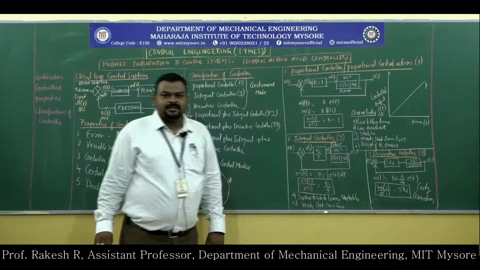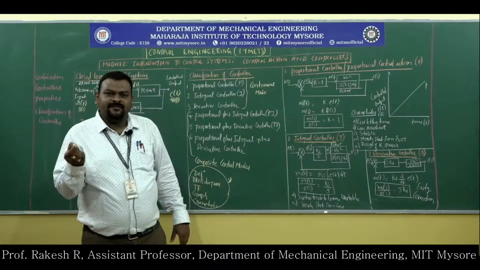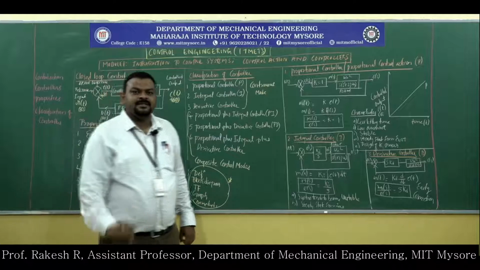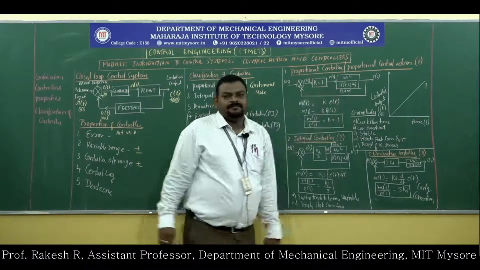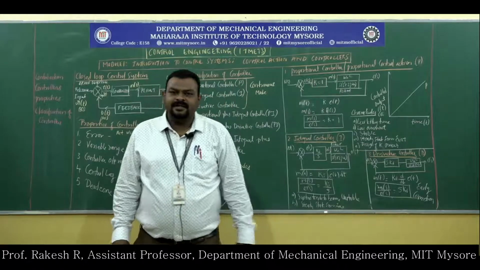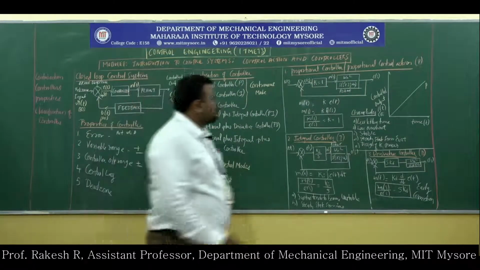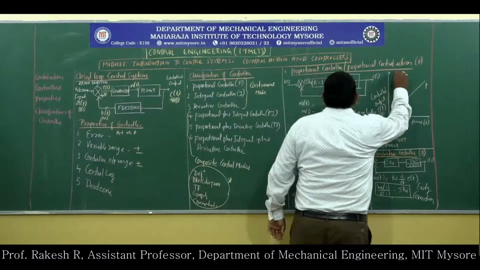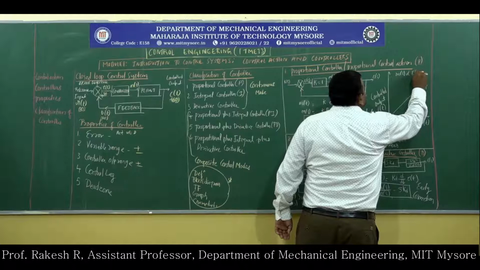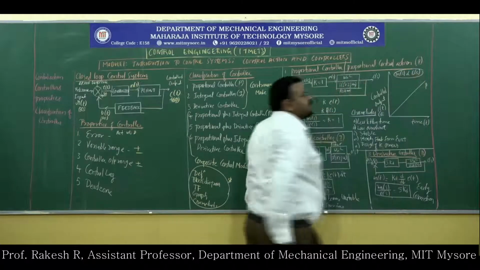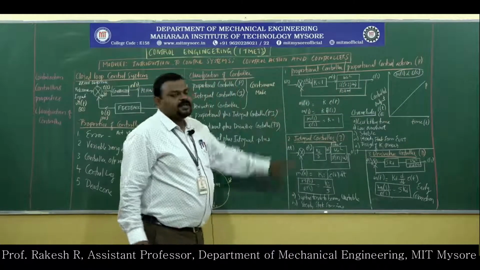A proportional controller is a controller in the forward path which changes controller output proportional to the error signal. That is nothing but a proportional controller. So M(s) is proportional to the error signal. This is the definition of a proportional controller.